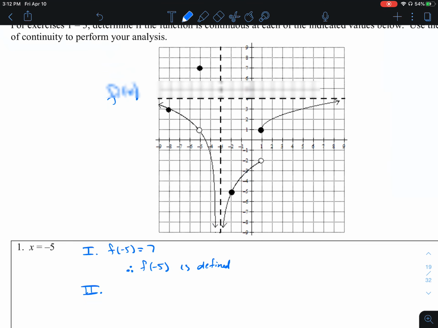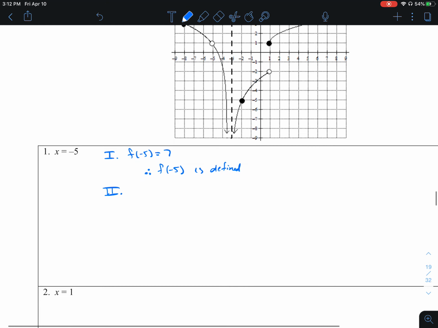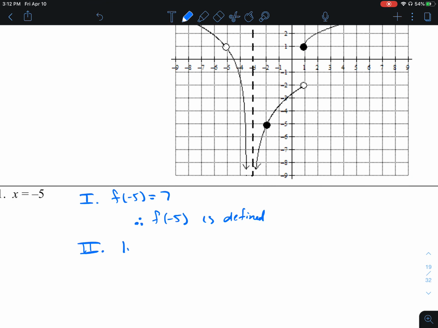Part 2 is the two-sided limit as x approaches -5. Does it exist? Well, according to our picture, the limit as x approaches -5 from the left of this function is equal to 1, and that is also equal to the limit of f of x as x approaches -5 from the right.